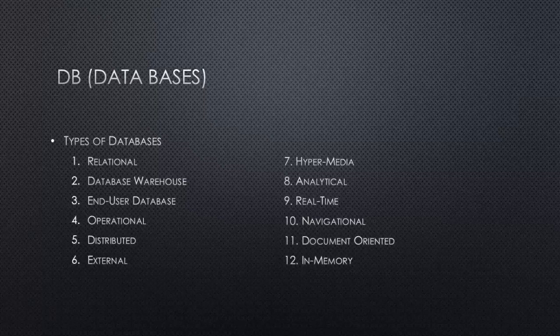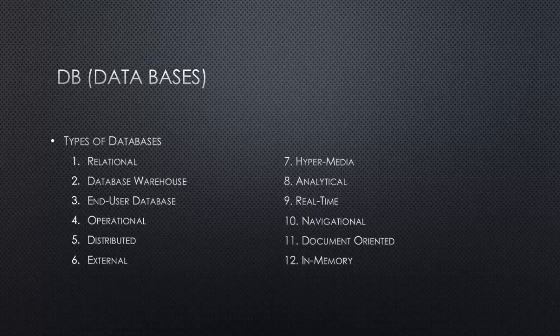Whenever a company has old databases that maybe they're not using and they want to put in an archive, they'll put them in a database warehouse, and it's just where the previous years' data is stored. Next is the end-user database. This is an end-user file system. It stores, processes, and accesses files just like a database would.